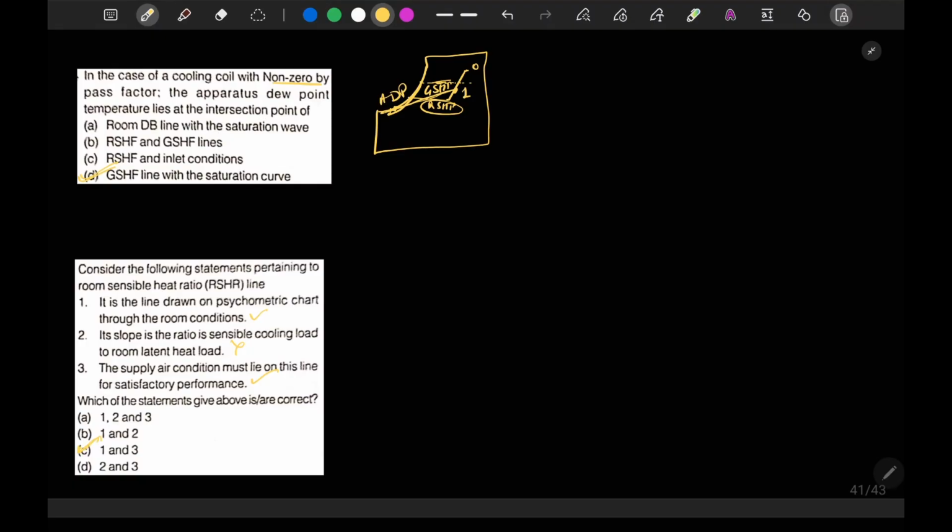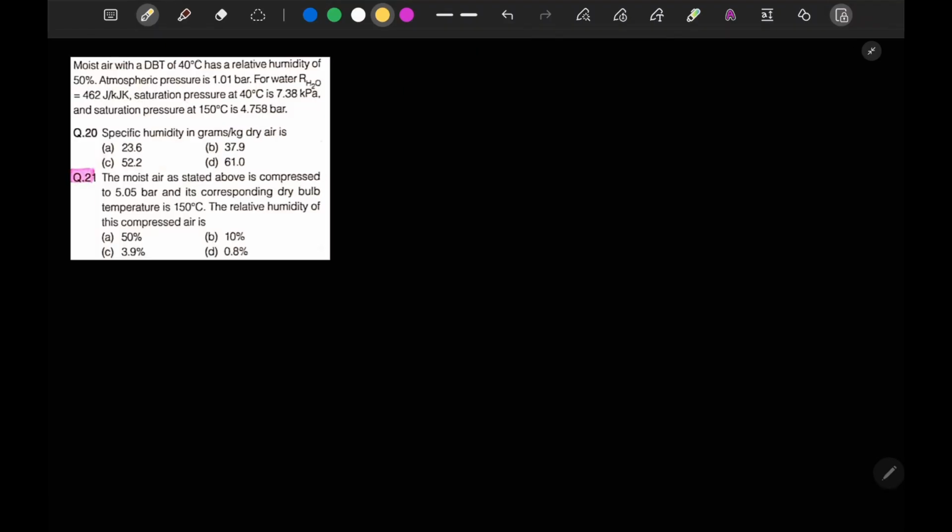This question is given that moist air with dry bulb temperature T equal to 40 degrees Celsius and relative humidity phi equal to 50%. Atmospheric pressure PT is given as 1.01 bar, and for water, R(H2O) is this.